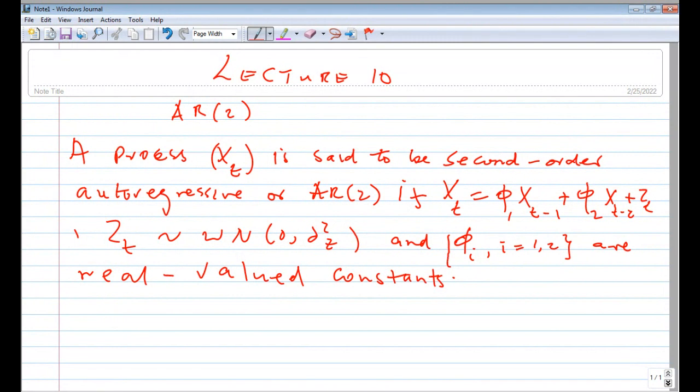So a process Xt is said to be second order autoregressive, or autoregressive of order 2, if Xt is equal to phi 1 Xt minus 1 plus phi 2 Xt minus 2 plus Zt, where Zt is a white noise and phi 1 and phi 2 are real valued constants. This is how you define the autoregressive of order 2 process.